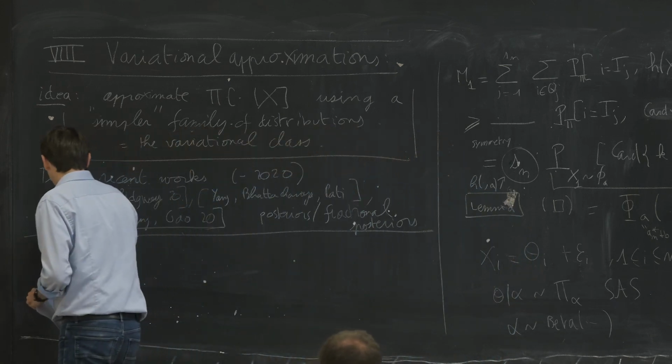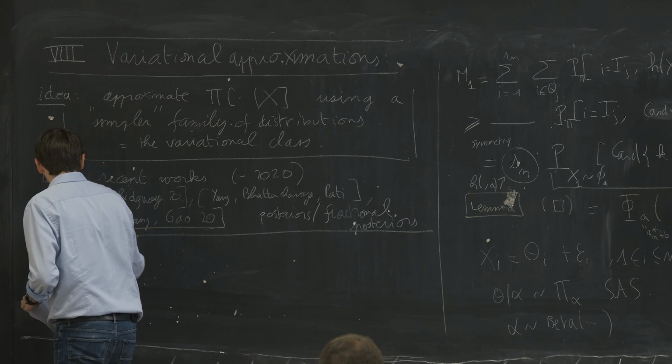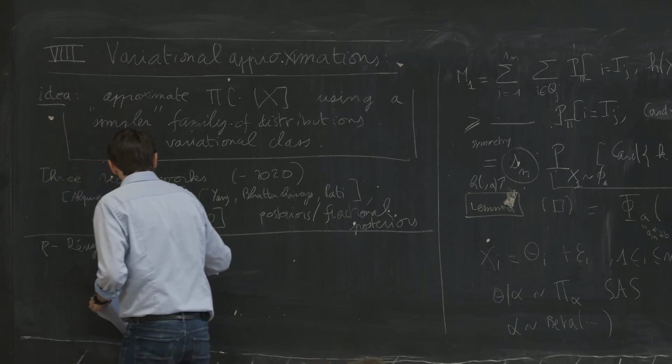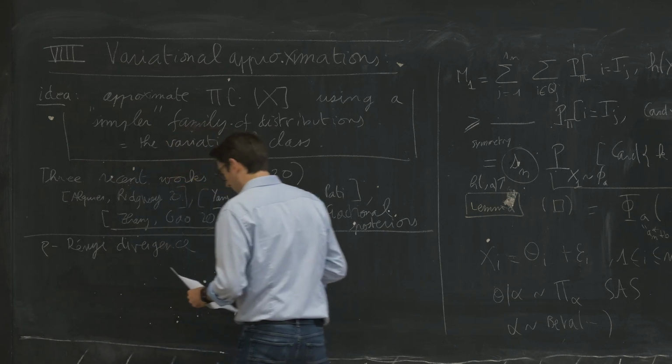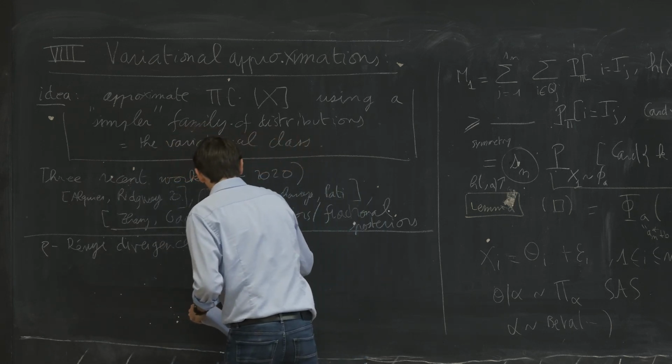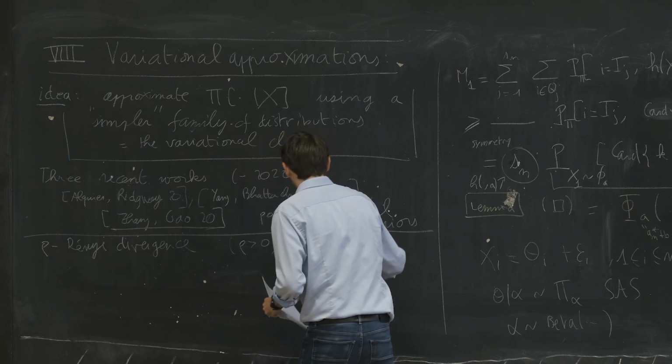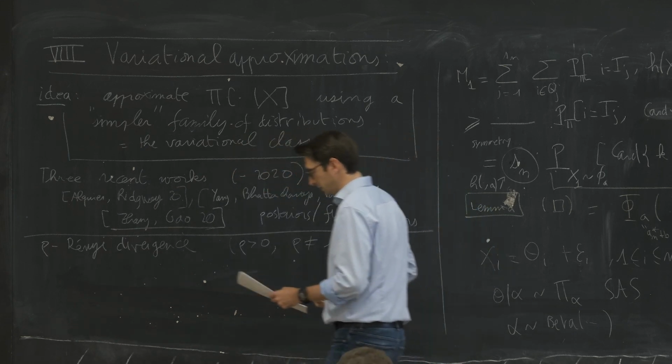I'll recall some definitions. Something I already defined is the Rényi divergence. I think I defined it maybe only for rho between 0 and 1. I also need it for rho larger than 1.